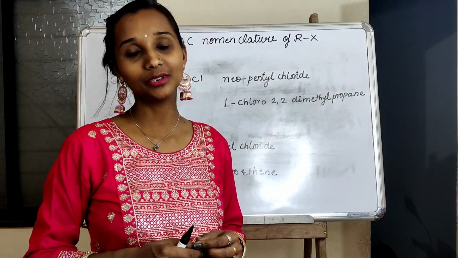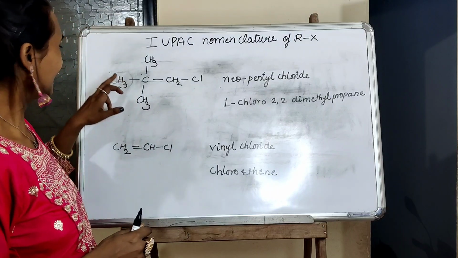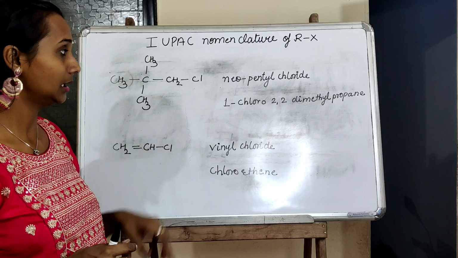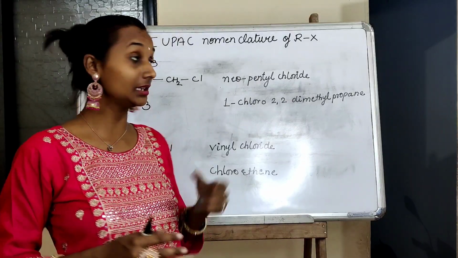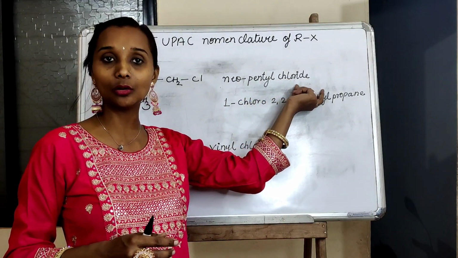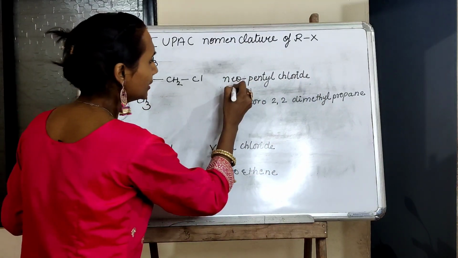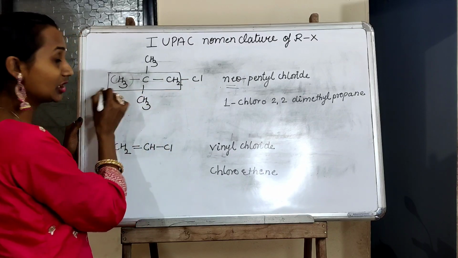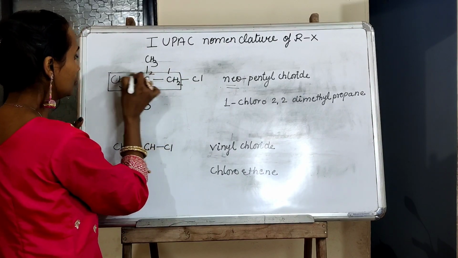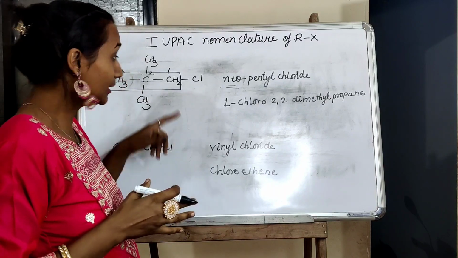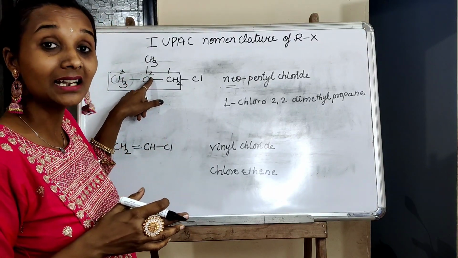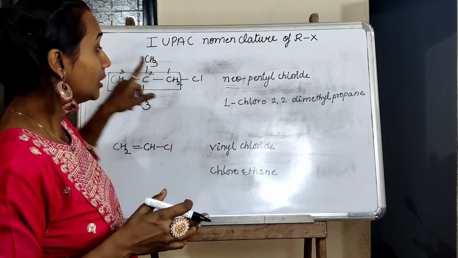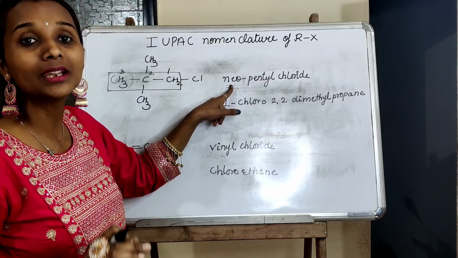The next example which I have written is (CH3)3CCH2Cl. The common name of this compound is neopentyl chloride. Why have I written neo? Let us start by selecting the longest chain, 1, 2, 3. Whenever the second carbon is attached to 2 methyl groups, such a structure will fall under the neo category.